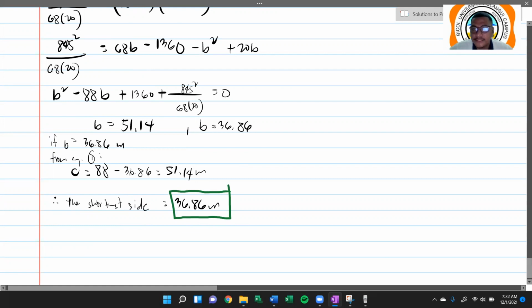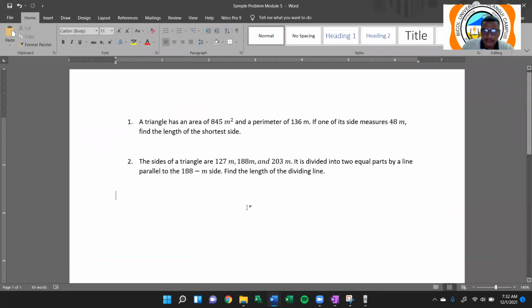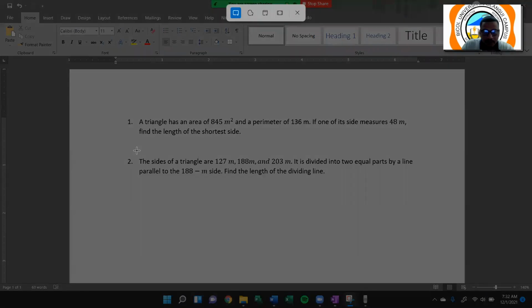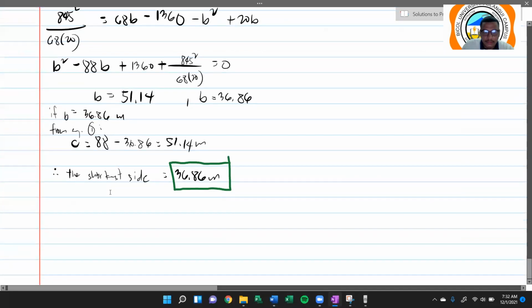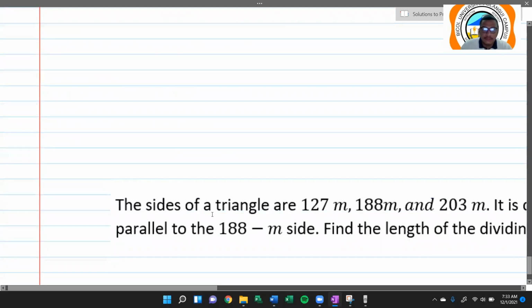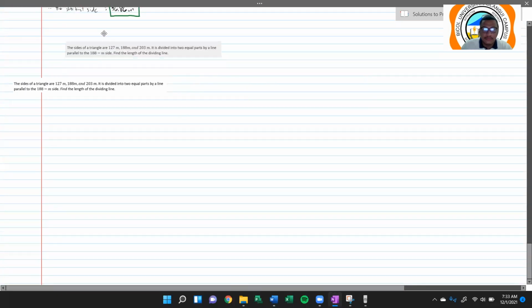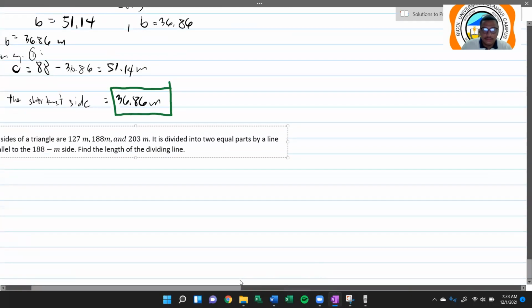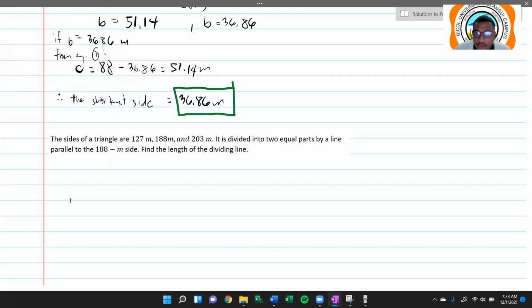Now let's proceed to another example. The sides of a triangle are 127 meters, 188 meters, and 203 meters.